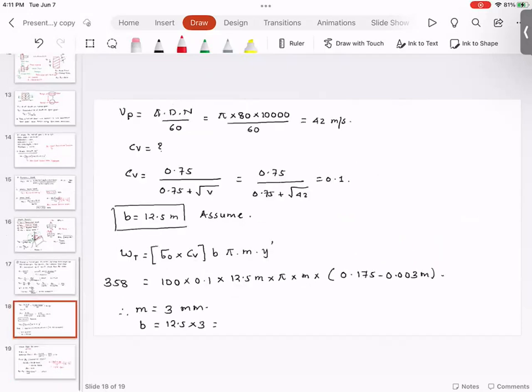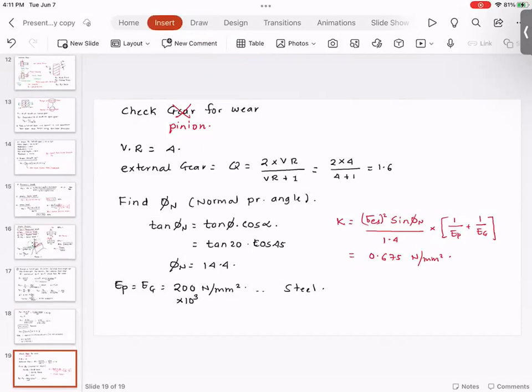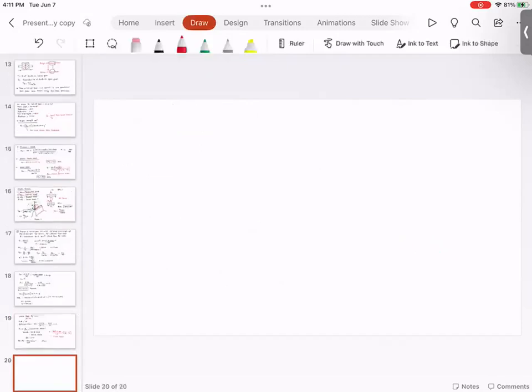Now the last part is we have to find out WW, DP, B, Q, K. 5554 Newton.